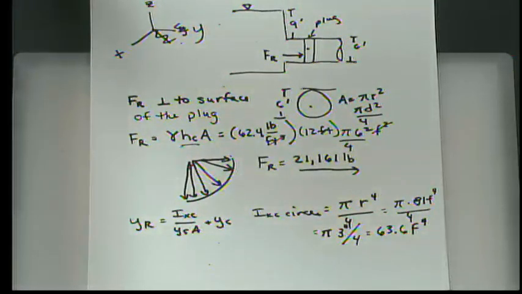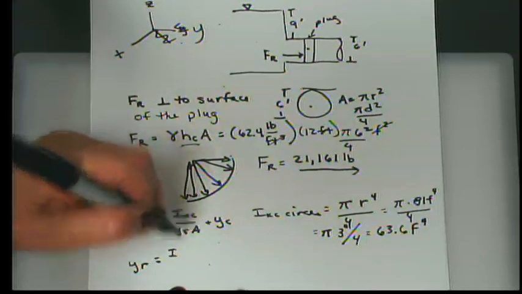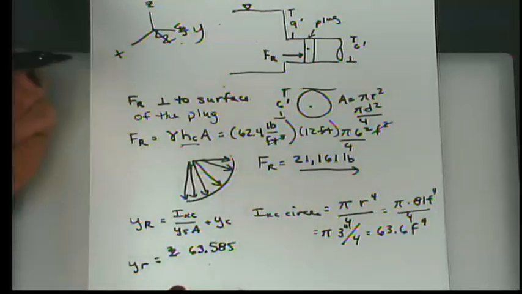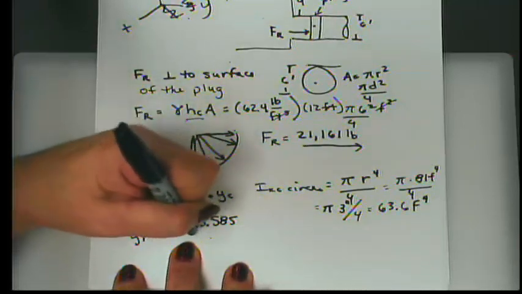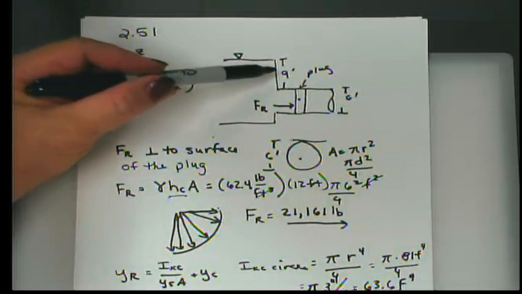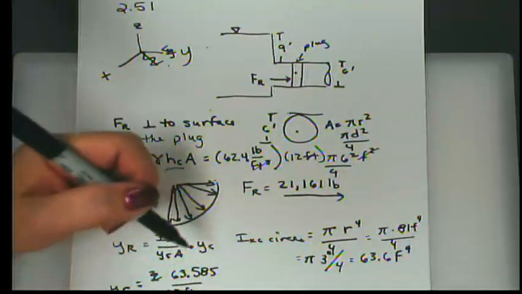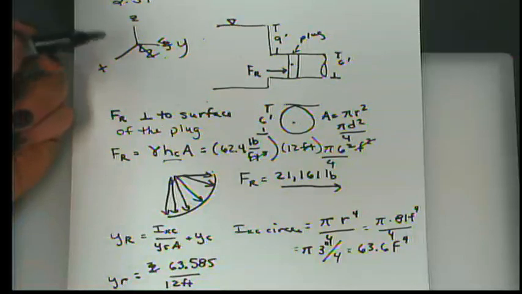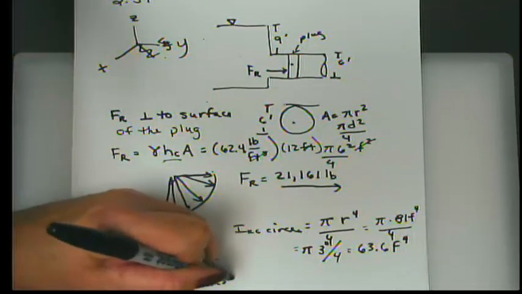So continuing with that line of thought, we want to take y sub r, which is equal to I sub xc, which I have as a value of 63 point, my calculator actually told me 585, so I'm going to keep too many significant figures in it for just a moment, divided by y sub c, which is going to be 9 feet plus 3 feet, or 12 feet, times the area of my circle, which is pi times d squared over 4, or pi times the radius squared.